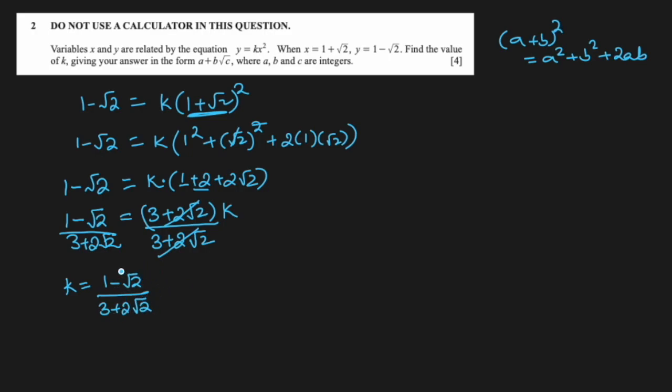But we can't leave your answer like this because it's a plus b square root. See, this format we want. That means no denominator, and we'll have to rationalize the denominator to get that format. So for rationalizing, we multiply with the conjugate of the denominator. The one we want to rationalize, we write its conjugate. Conjugate is whatever is the sign in between, change that sign to the other sign. So 3 minus 2 square root 2, same on top and bottom.